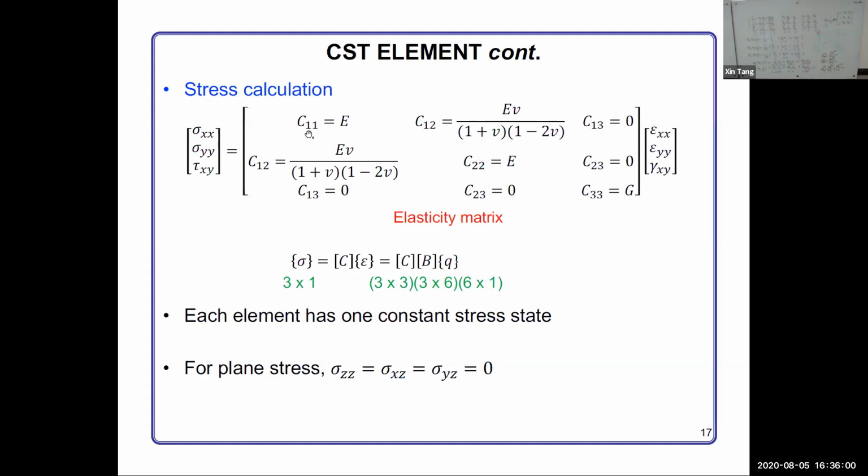You will have 9 components, but in these 9 components, you only have 6 values. The other 3: C21 actually equals C12, C31 equals C13, and C32 should be equal to C23.